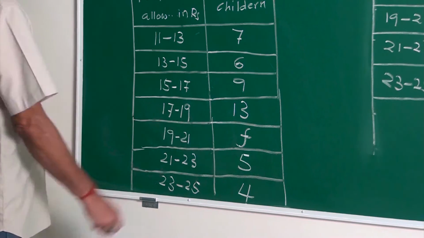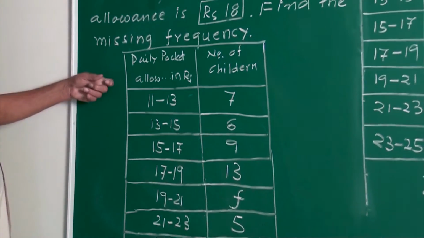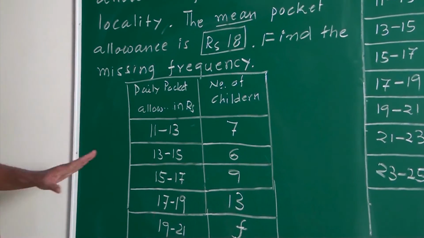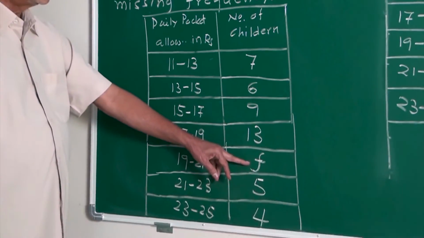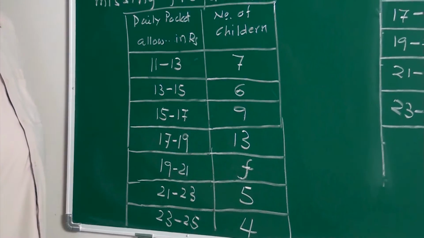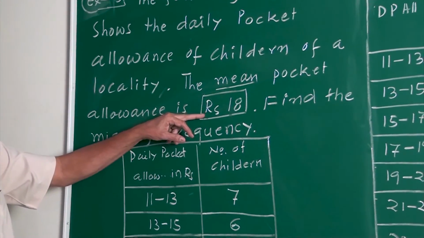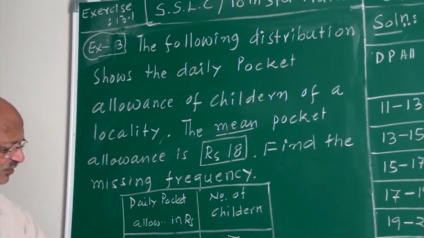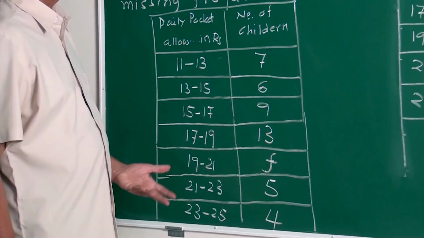Now this missing frequency, my friends, you have to find. Remember, in this distribution there is an unknown frequency F. So far we have found the mean, but in this case the mean is given, my friends. The mean is given, and you want to find the missing frequency.